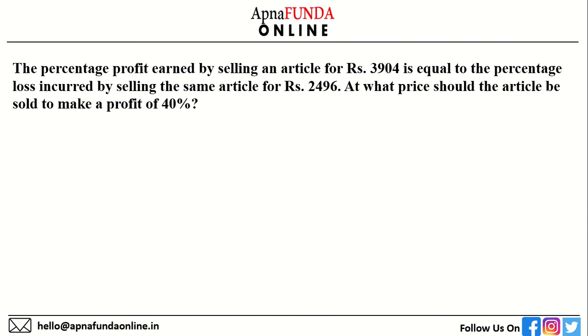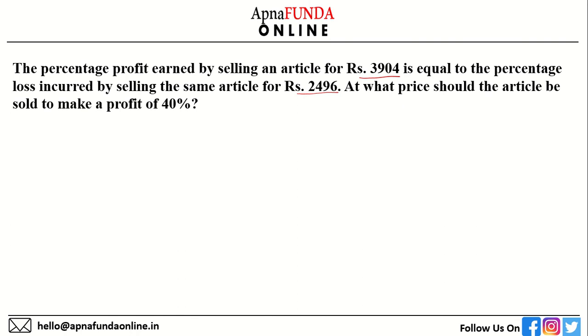Now, what we know is that when the article was sold for 3,904 or 2,496, the profit percentage was equal to the loss percentage respectively. Correct? That is the first part of the question, and I think that is extremely important for us to find. Okay, now let's solve this.